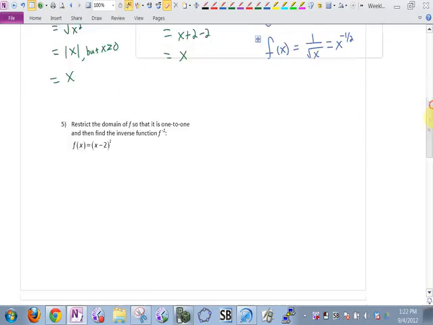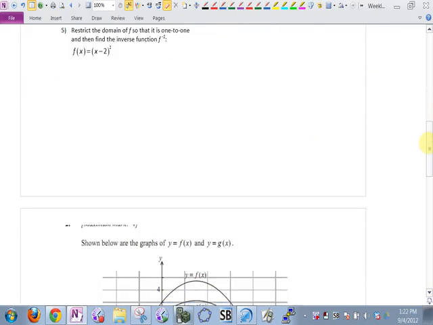Number 5 was the bonus, and whenever I offer a bonus problem, you better make it perfect to get that one measly bonus point. Not many people got it. First of all, this is a parabola that has been shifted to the right 2, fails the horizontal line test miserably, so therefore it is not 1-to-1. It is many to 1.